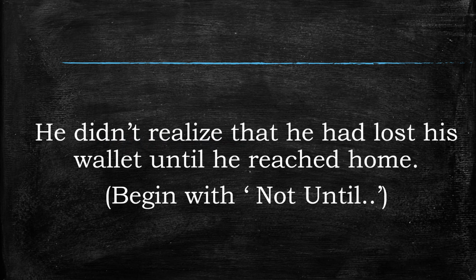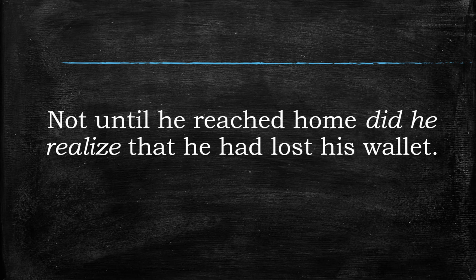Let's see, for example, the sentence, "He didn't realize that he had lost his wallet until he reached home." Now, in this sentence, we need to change it by beginning with not until. So we rephrase the sentence as, not until he reached home did he realize that he had lost his wallet.